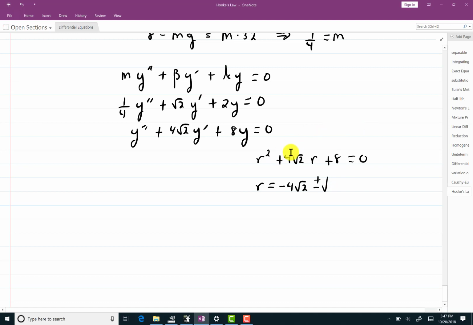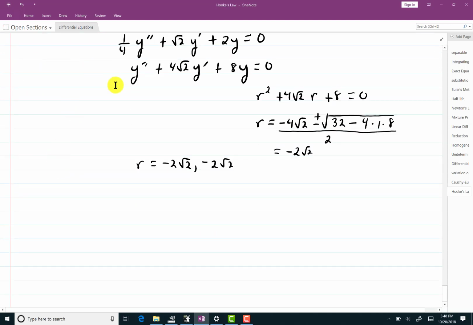Now if I square 4 radical 2, that'll be 32. The a is 1, of course, and c is equal to 8. And you'll notice that the part underneath the square root disappears. So this will just be negative 2 radical 2. Well, this has to have two solutions, so we have the repeated solution r = negative 2 radical 2, negative 2 radical 2.